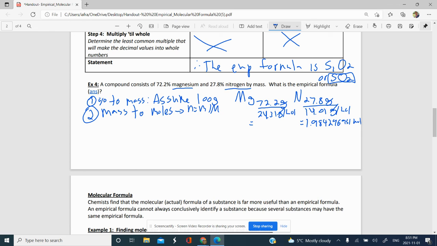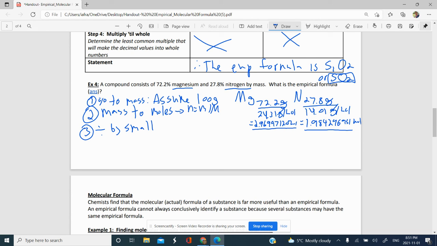And for the magnesium, 72.2 divided by 24.31, 2.969971205 moles. Divide by small. So step 3, divide by small.